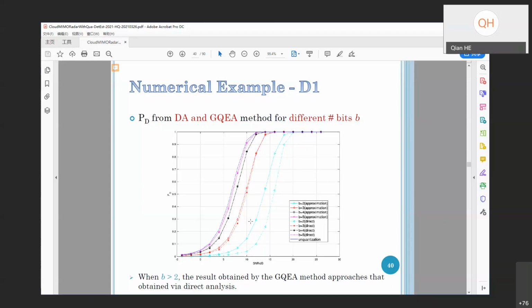So you have a very simple way to analyze the quantization output. If we keep on increasing the number of bits, you see you have 4 bits for the black curve, and for this purple curve, you have 5 bits. You see the curves are almost on top of each other. So that means there's no loss from the approximation.